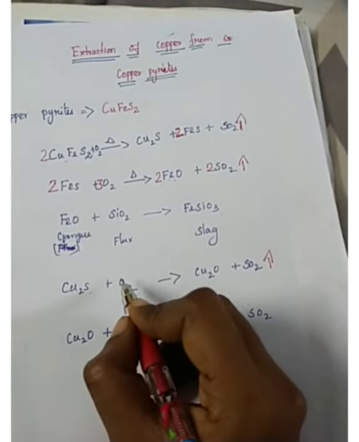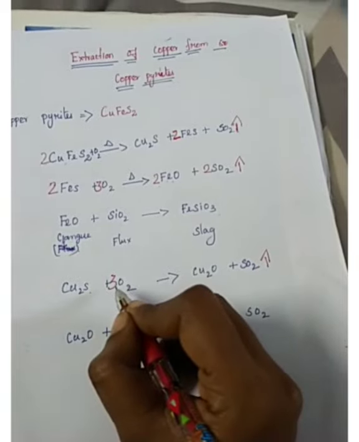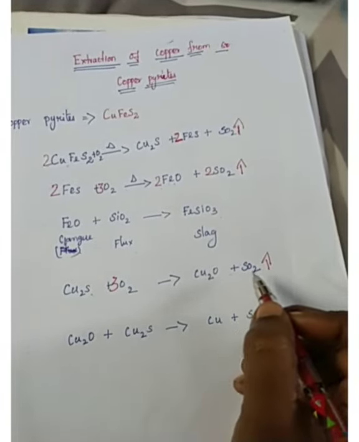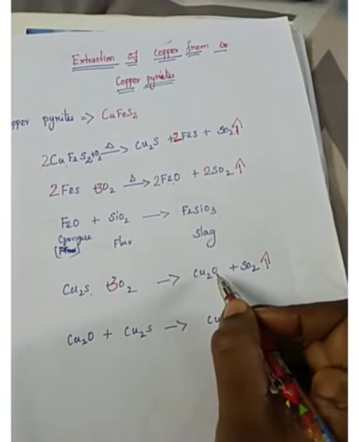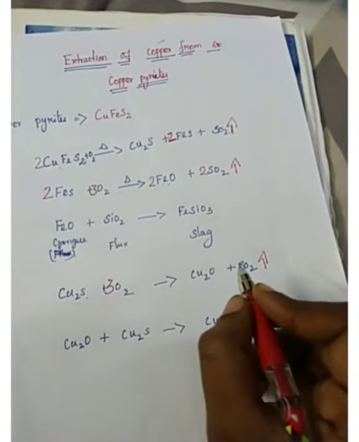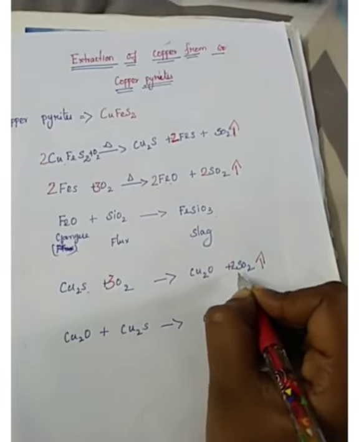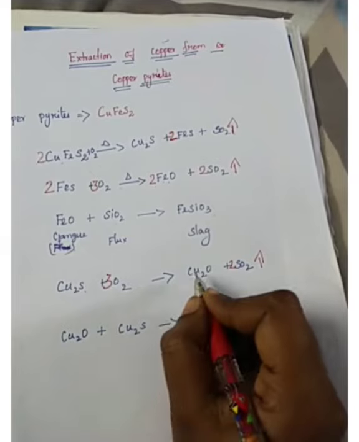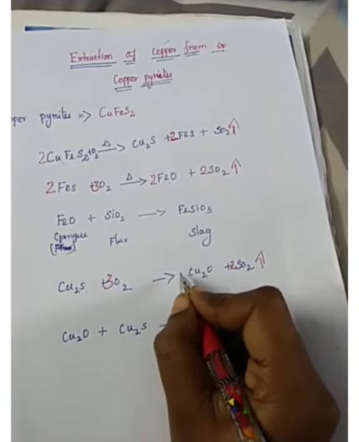So in front of this oxygen I am going to add 3. So oxygen turns to 6. Here oxygen is 1, 2 plus 1, 3. So in front of SO2 I am going to give 2, and Cu2O 4, 5.